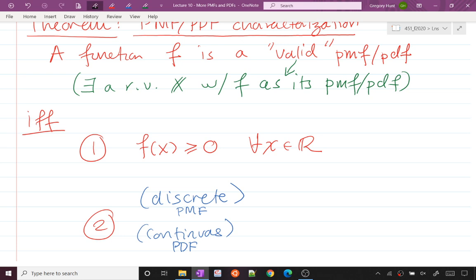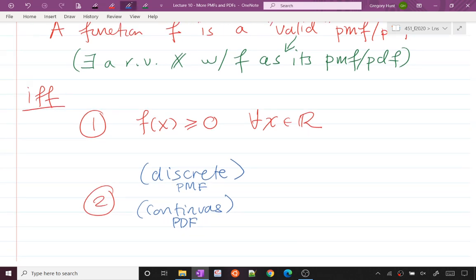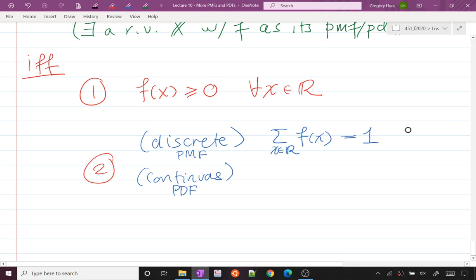In the discrete case, it must be true that if I sum my PMF over all real numbers, I get 1. That is, if I sum up all the probability of being at every individual point, that's going to give me 1.